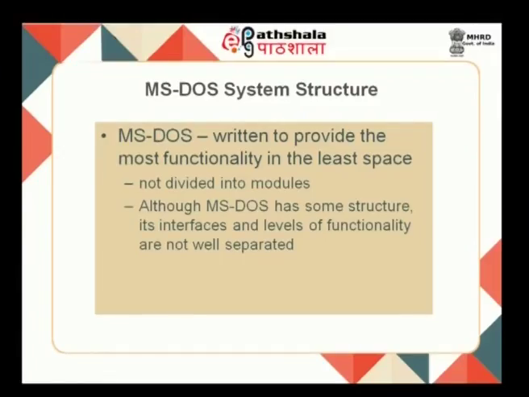When it was written, the people who wrote this operating system did not really think that it would become a great success, and they did not divide it into modules. The OS was not divided into modules. So, it has some structure, but the interfaces and the functionality were not properly separated, and hence there were a lot of security problems also in this operating system.